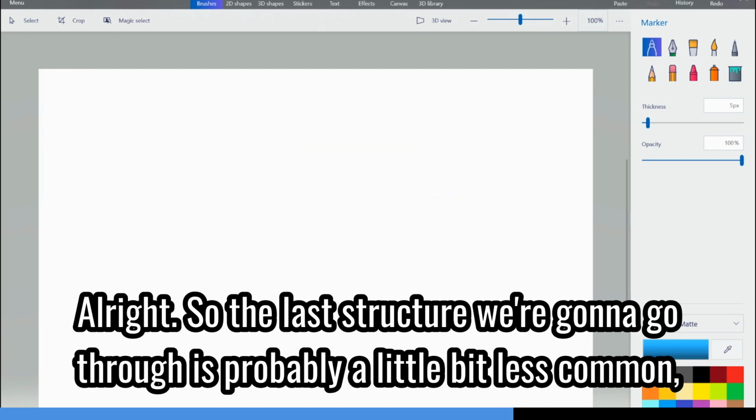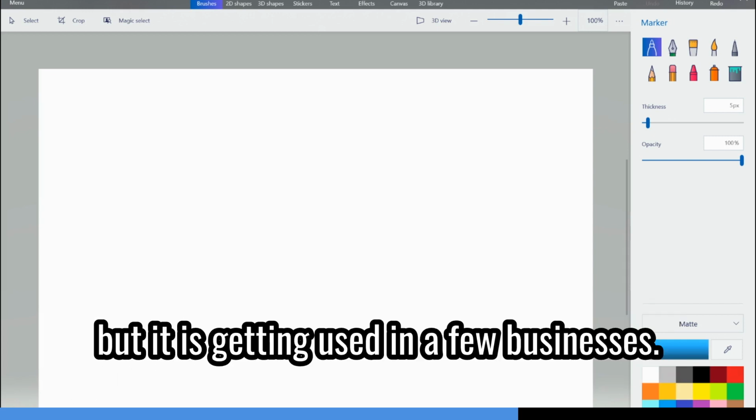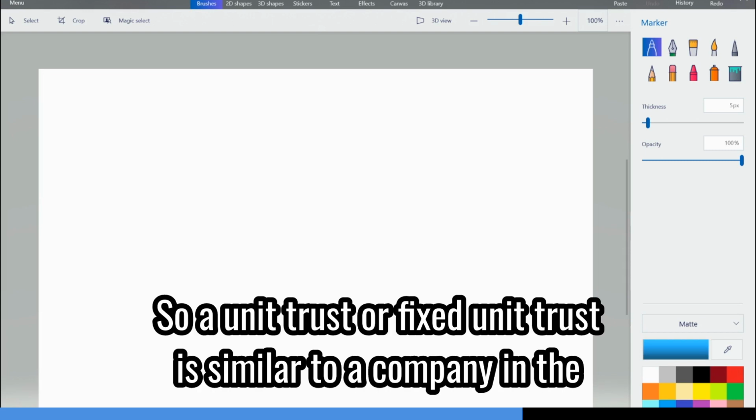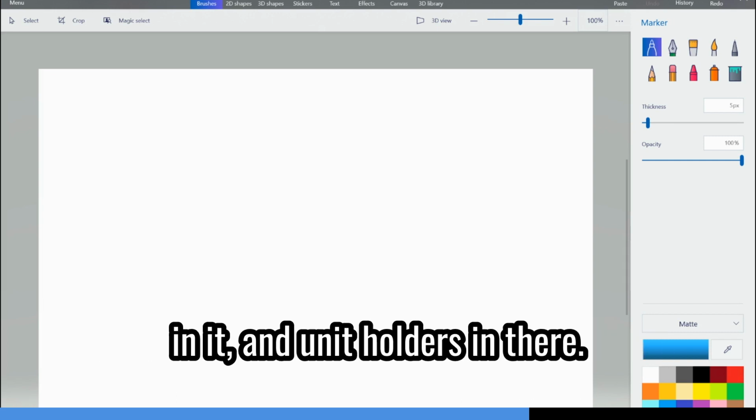All right, so the last structure we're going to go through is probably a little bit less common, but it does get used in a few businesses. It's called a unit trust. So a unit trust, a fixed unit trust, is similar to a company in the sense you can have different shareholders in it, and you can have different unit holders in there.